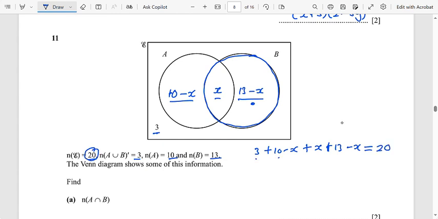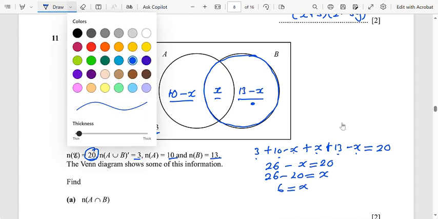So 3 plus 10 gives us 13, plus 13 gives us 26 minus X, plus X seems to cancel out, but I have this minus X which survives, so that's equal to 20. Grouping like terms and changing sign, minus X goes to the other side and becomes X. 26 minus 20, that's 6, being equal to X.